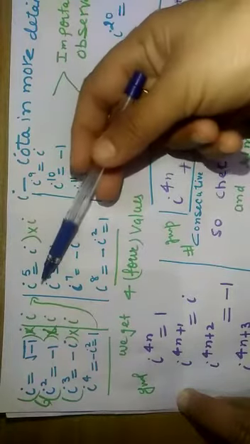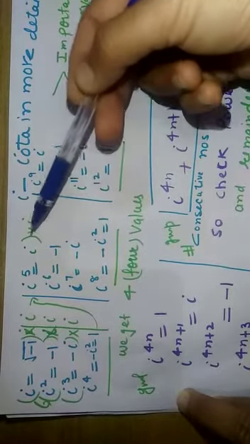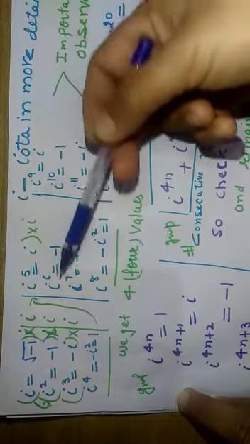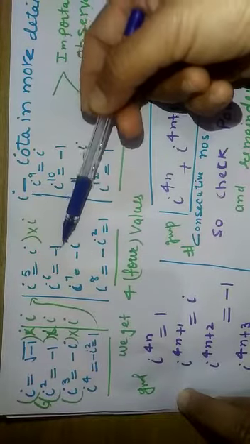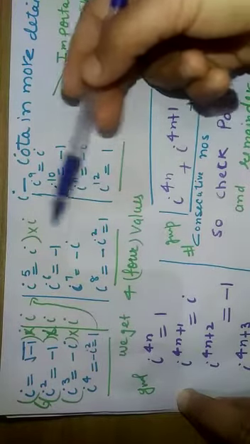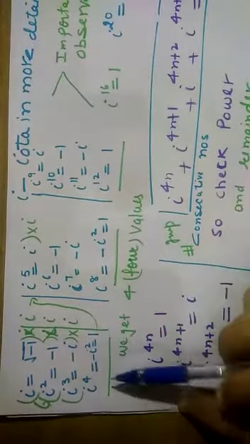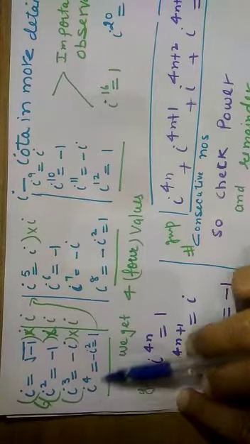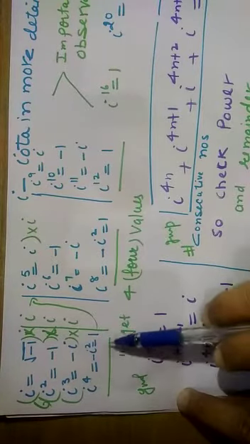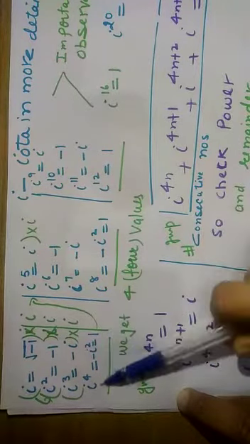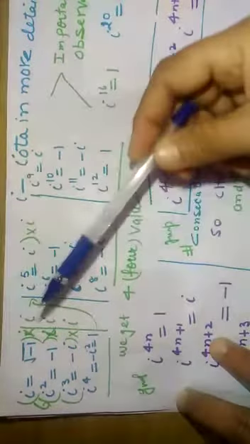Iota raised to power 5 again gives me iota, and iota power 6 gives me the value minus 1. So in this way I have observed that if we keep multiplying by iota and getting different powers of iota, I get repeated values. So this is the process.